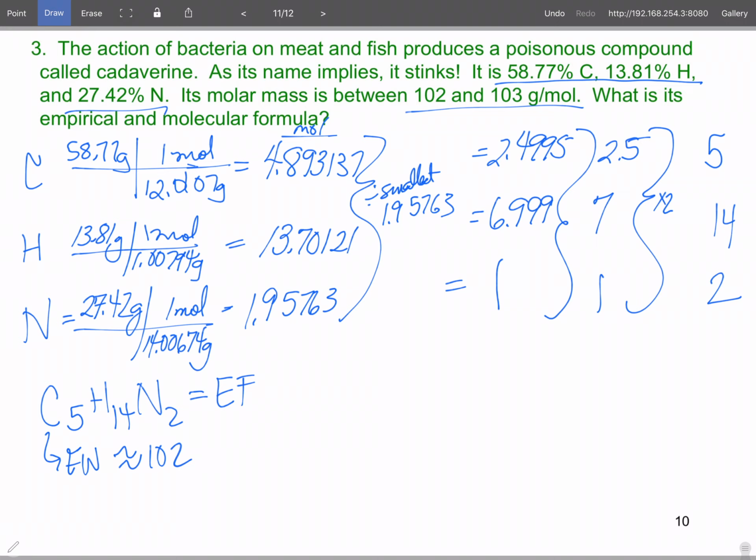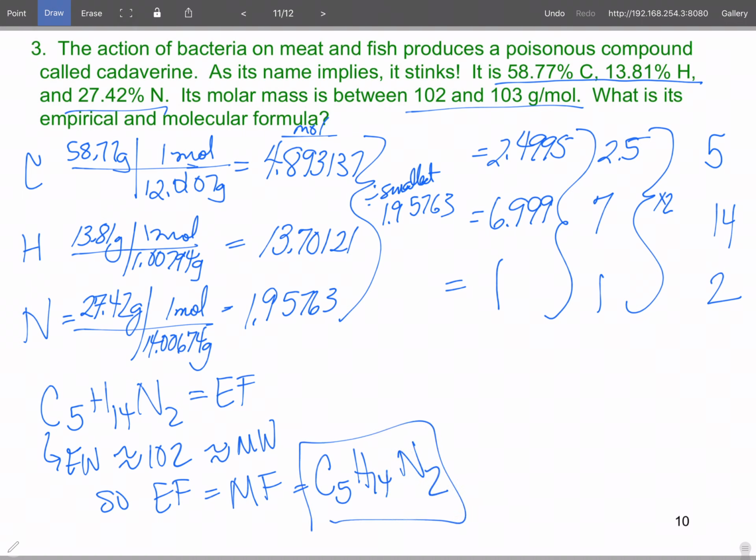I'm just approximating. So the empirical weight is 102. That's pretty much equal to the molecular weight. So that means my empirical formula is equal to my molecular formula is equal to C5H14N2. So again, in this particular case, both answers will work.